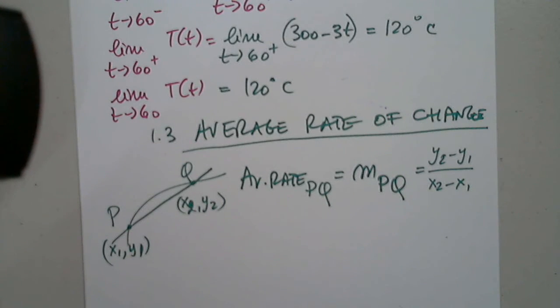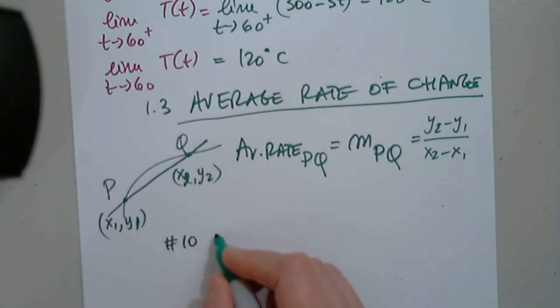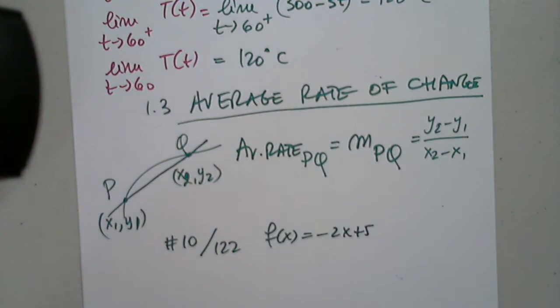I meant to move this. This we know for 3 weeks already. Any function, or we can say move on. Let's just do 10. Negative 2x plus 5. So 10 on 122. So we have f of x, negative 2x plus 5.